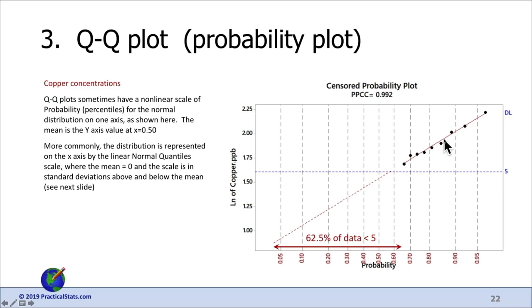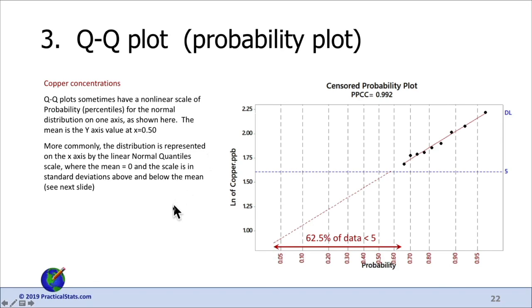For the detected values, there's no assumption of a distribution. But for the non-detects, we're going to use what we see of the detected values to project down, so that I don't have to just say everything less than 5 is 5, like Kaplan-Meier does. I want to have some sort of model for how to extrapolate down below the lowest detection limit. And that's what ROS does.